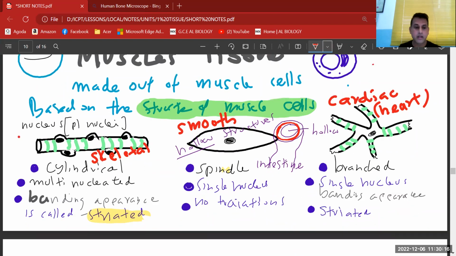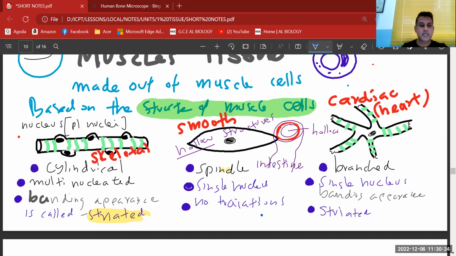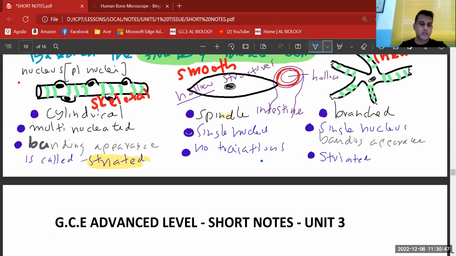And if we take function, we can also add their functions. Skeletal muscles we can control ourselves. If I want to use my hands to write, then I control my skeletal muscles to write. As a result, we call this voluntary. They have voluntary action.